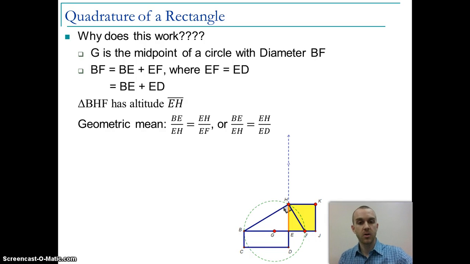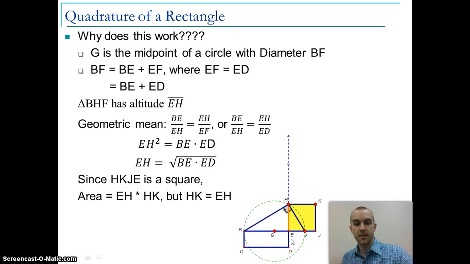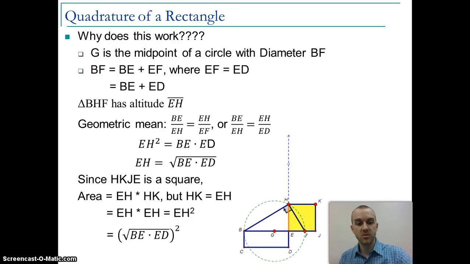Now if I do my cross multiplication for the proportion, I see I've got EH squared, so I take the square root, and I know that EH, that length, is equal to the square root of the area of my rectangle. And because the area of the square is length times width, and that's the square root times the square root, since they're the same, the square of a square root goes away, therefore that area is the same. So what I end up with is that the length is the square root of the area.